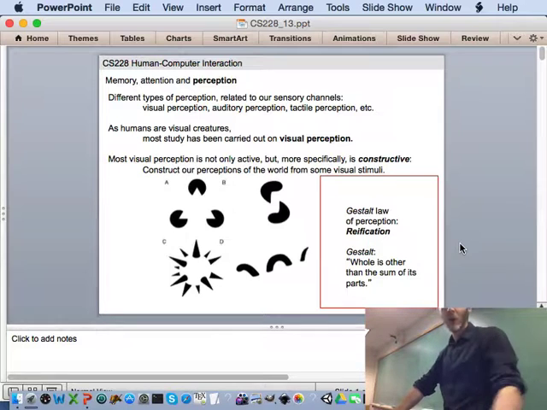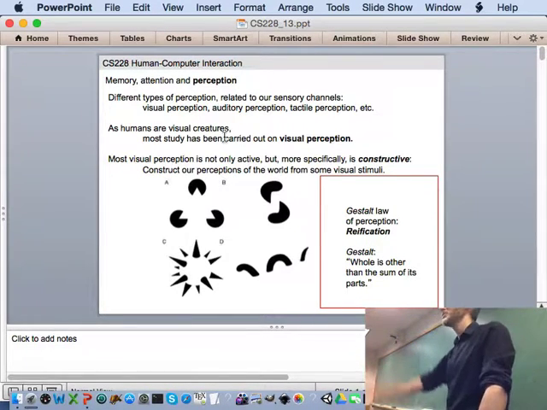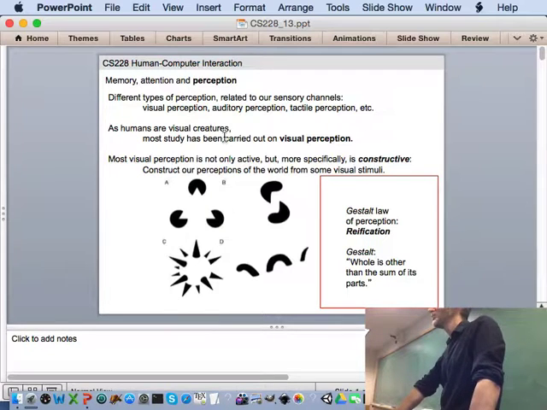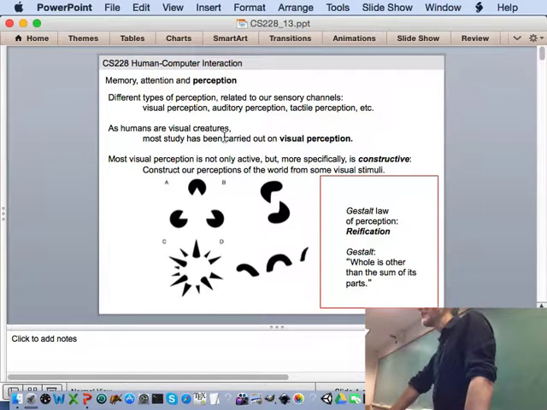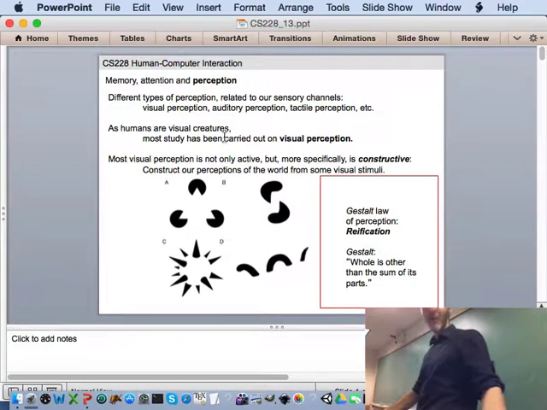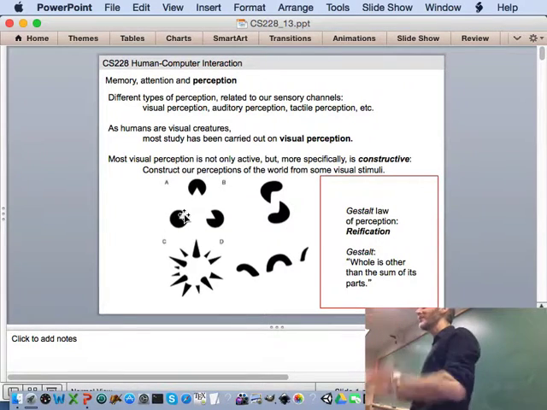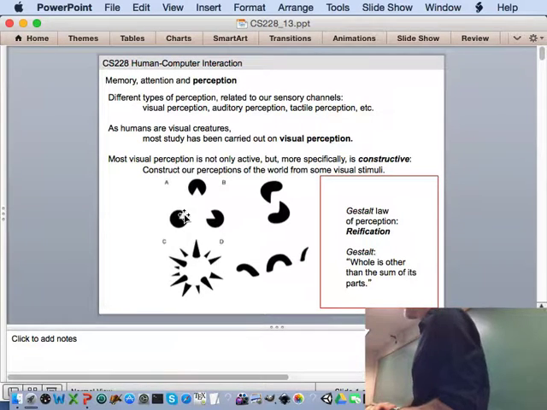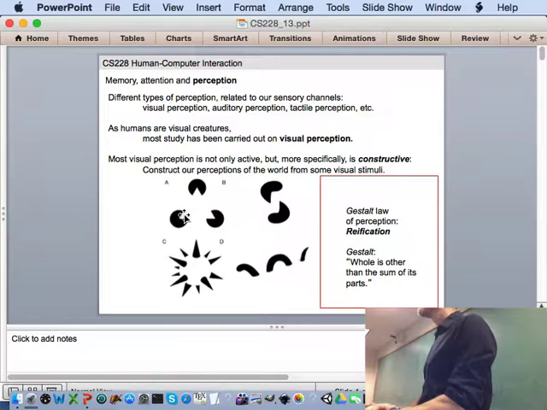Okay, so we know that perception is active. You move and you expect to see something when your eyes move. It is also constructive, right? Your brain is taking all of these disparate visual patterns and stitching them together into a whole. The AI revolution that we're in the middle of is because of deep learning, and deep learners do this.